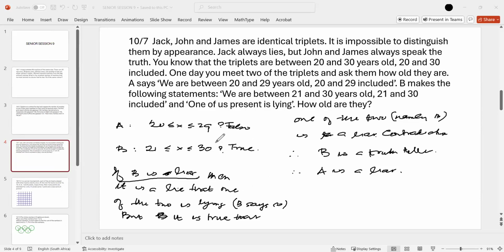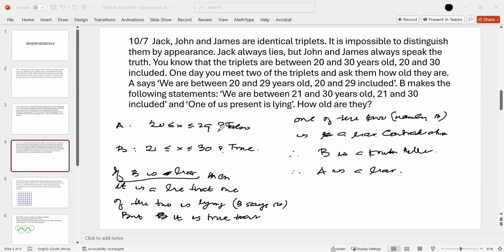But then B is telling the truth and says they're between 21 and 30. So if they're not between 20 and 29, but they are between 21 and 30, then it has to be 30. That's right. But the false statement here is not only that X is greater than 29, but X could also be less than 20. That's also possible.